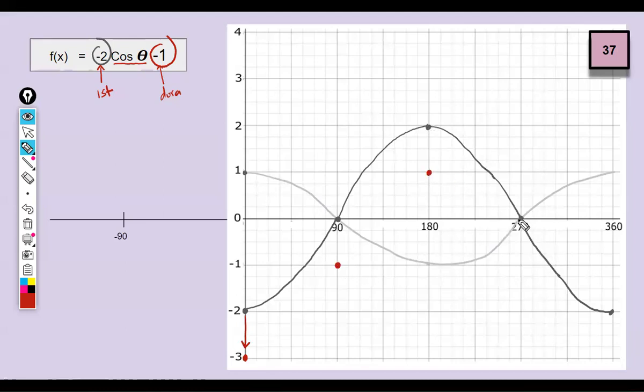The next y coordinate is 0, and 0 minus 1 is -1. Over here, the y coordinate is -2, and -2 minus 1 is -3. When you connect this up, it will obviously look like the whole graph dropped downwards by 1. How many people got the red graph?